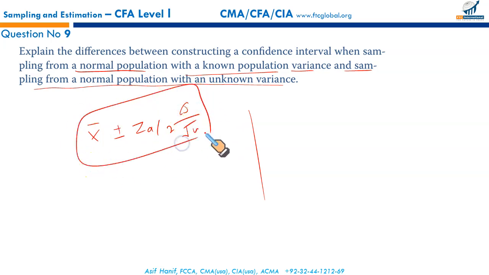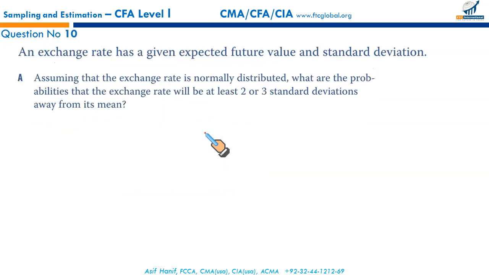We've done this previously. But if the population variance is not known, we will have to find some alternative. What we do then is use the sample standard deviation instead, and the second is that we use the t-distribution instead of the normal distribution. So this is what we have been doing so far, so nothing new.